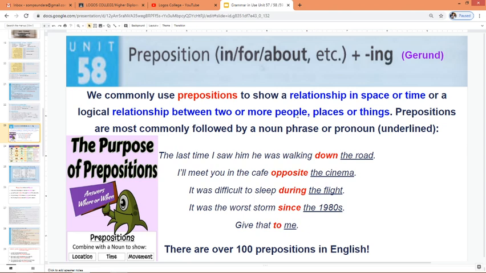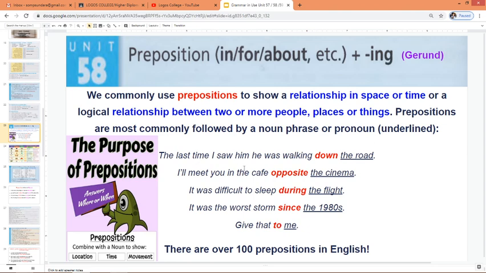All right, so notice it says people, places, or things. Nouns. So prepositions show the relationship between nouns and pronouns also. Remember, ideas are also considered nouns. So prepositions are most commonly followed by a noun phrase or a pronoun.